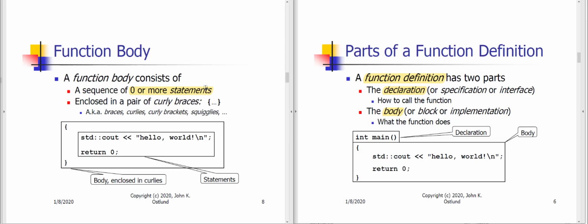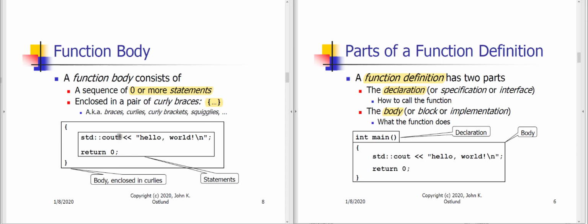It's possible for a function body to be empty and have 0 statements within it. And the body is enclosed in a pair of what are usually called curly brace characters, although like the pound sign, sharp sign, hash mark, the curly braces by some people are called braces or curlies or curly brackets or squiggly brackets. I'll just tend to call them curly braces.